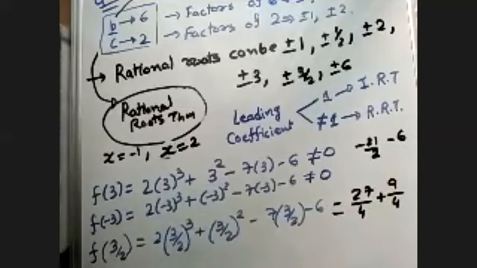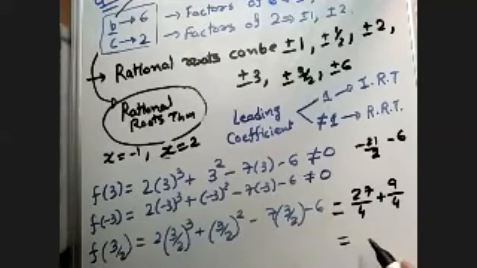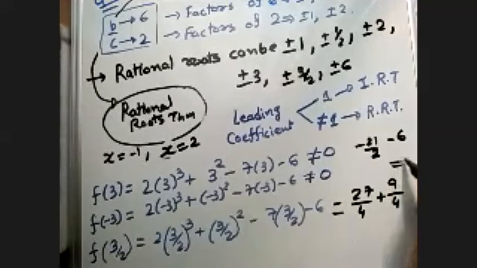So if we'll simplify this, 27 plus 9, it is 36 by 4. 36 by 4 is 9. 9 minus 6 will be 3, and 3 minus 21 by 2, definitely it is also not equal to 0. Right.